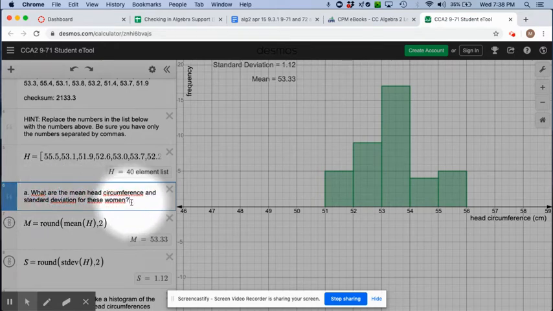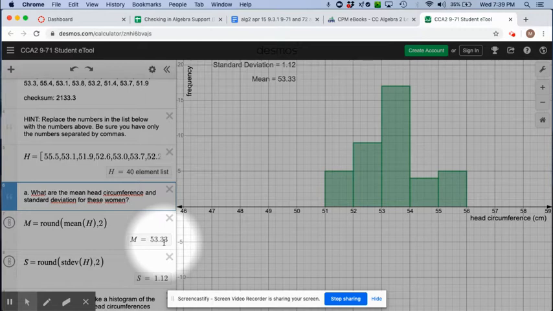So remember, our mean is like the average head circumference. Our standard deviation tells us how far all the data is spread out based on the mean, the center. So it does it for us. It looks like the mean is about 53.33.